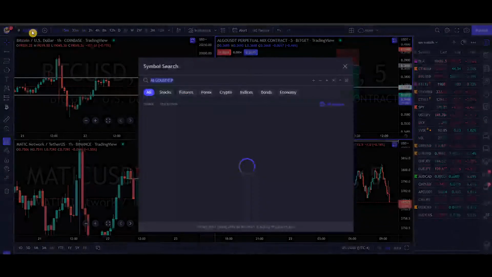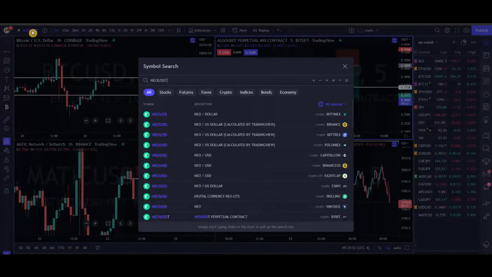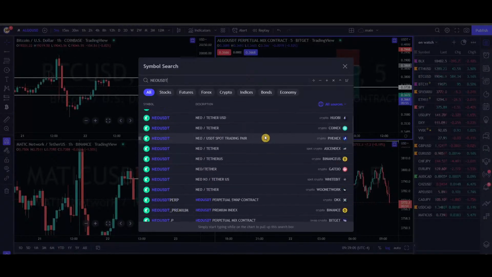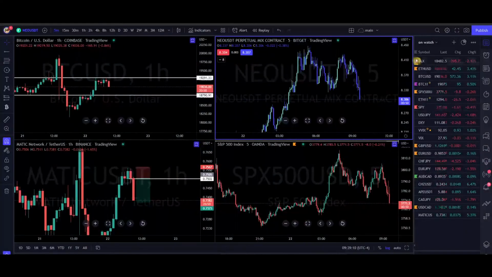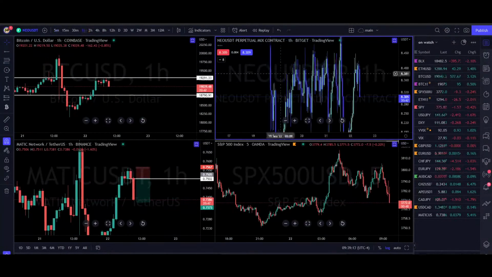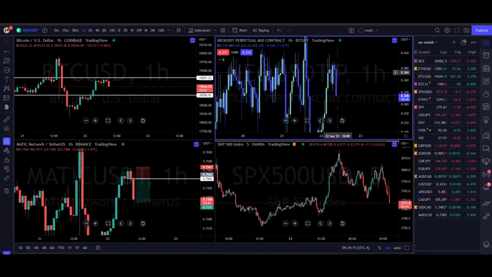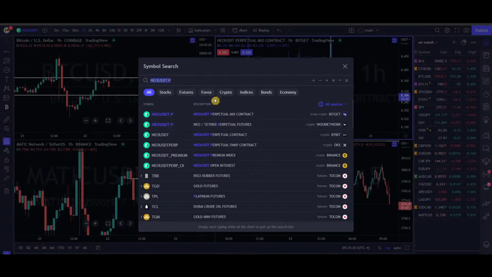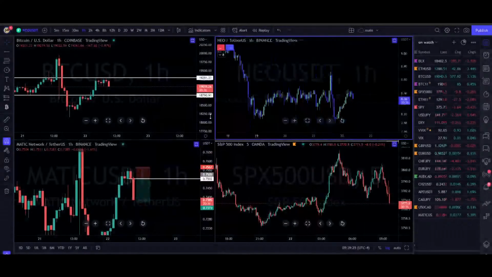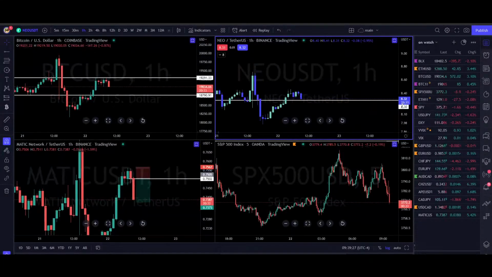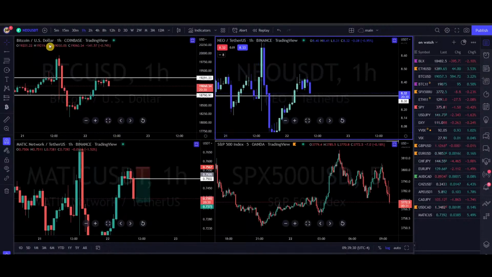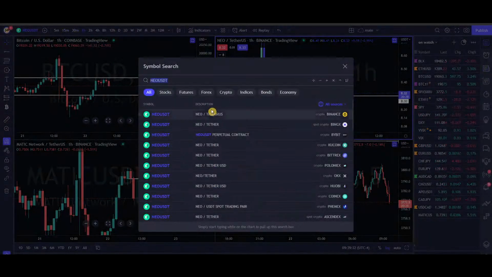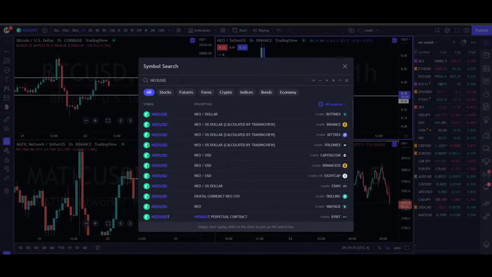Neo. Let's get Neo back up there because maybe we get the pullback on it. No, it's not pulling back. Neo also on Bitget looks different than it did on Binance. See, on Binance, it looks different too. Which one did I look at? Oh, I looked at it on Coinbase, didn't I?